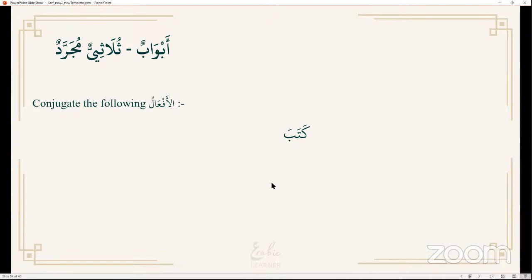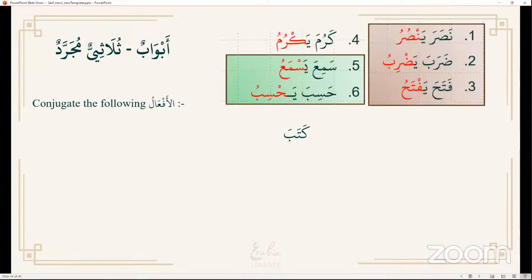And to find the Bab for Thulathi Mujarrad is a bit difficult. You need to refer to a dictionary, but you will get some indication. So this is kataba.